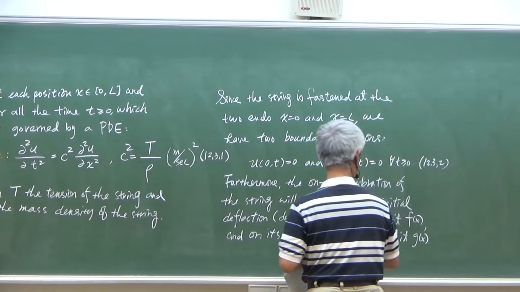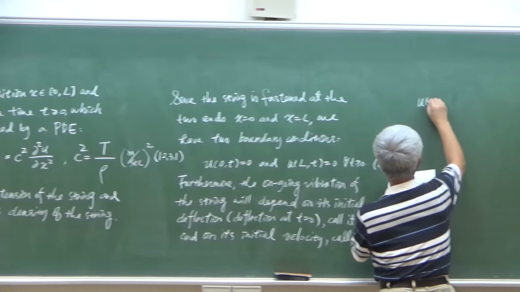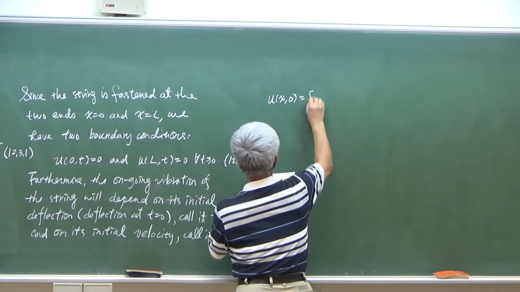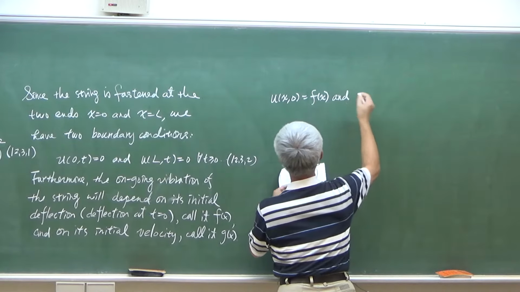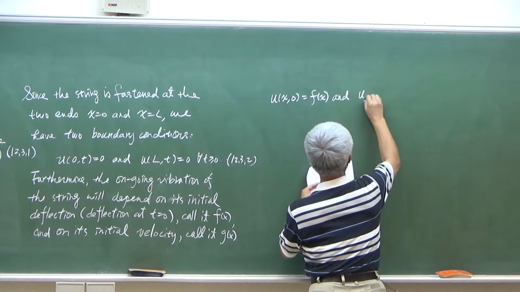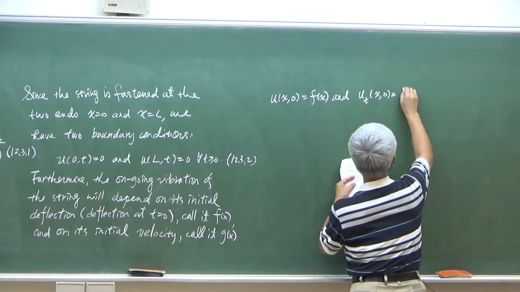So we have u of x, 0 as the initial deflection and the initial speed.